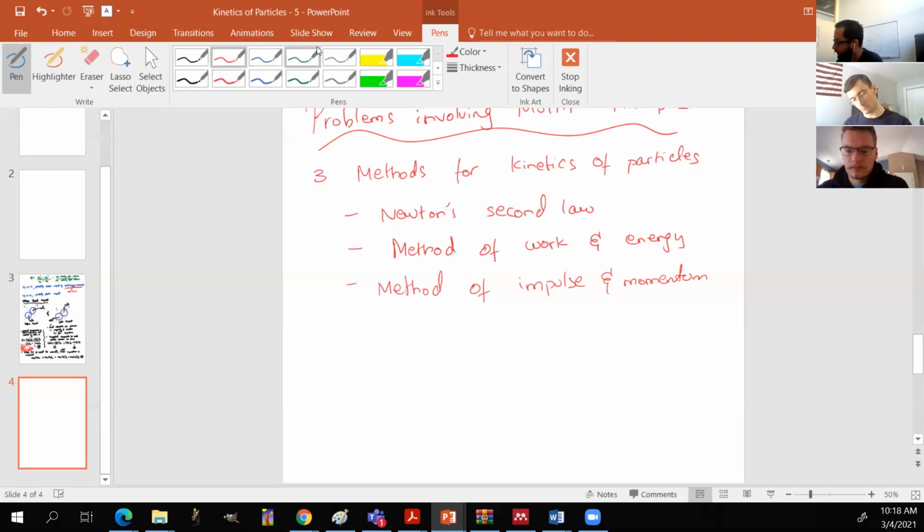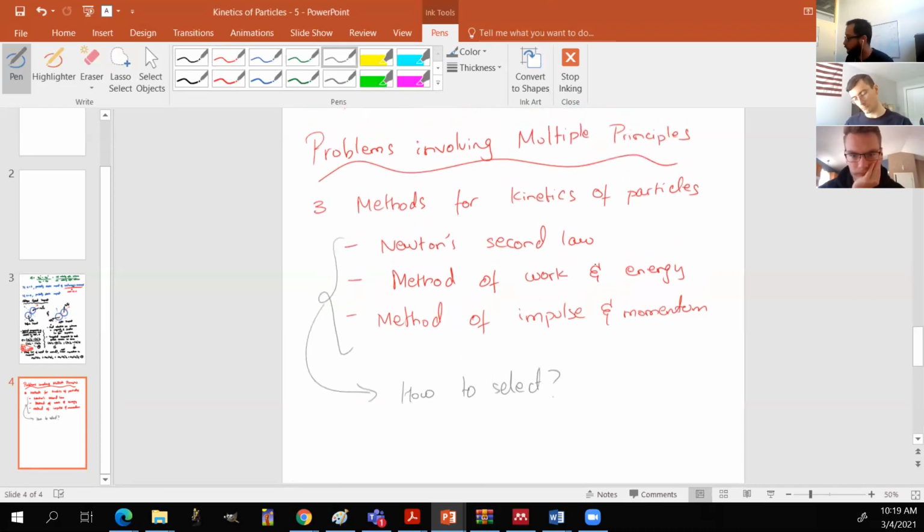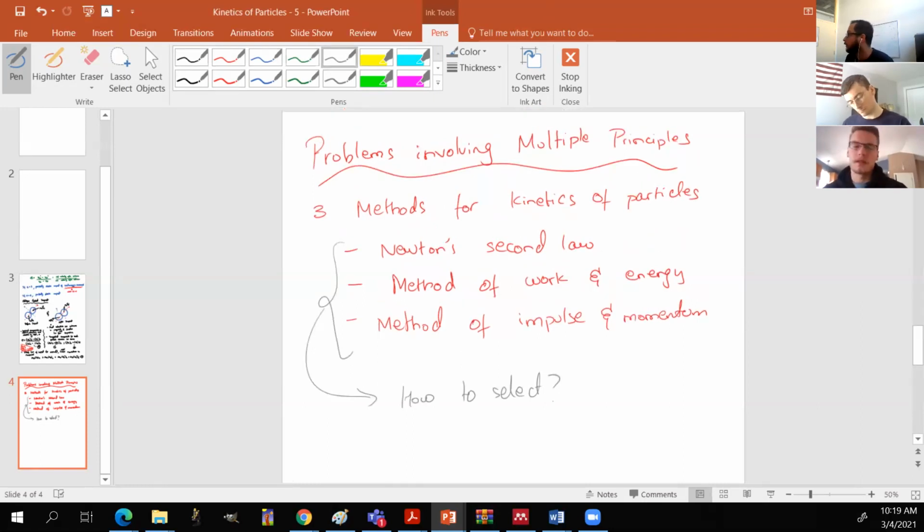And the trick is, how do you figure out what you're going to do? Read the problem, and your problem will tell you the best way of solving it. There could be multiple ways to solve the same problem. All right.